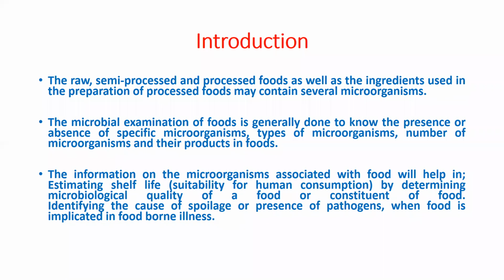We also determine which types of microorganisms are present in the food and their number, that means the microbial load, and whether it is within the acceptable limit or crossing beyond the limit. And also their metabolites, secondary metabolites, infectious compounds, and toxins. That's why we have to do the microbial examination of food.